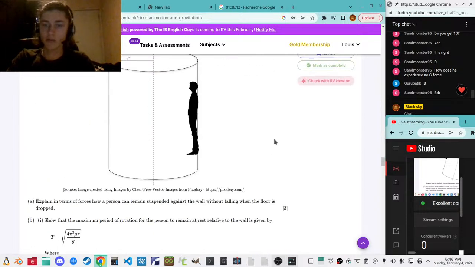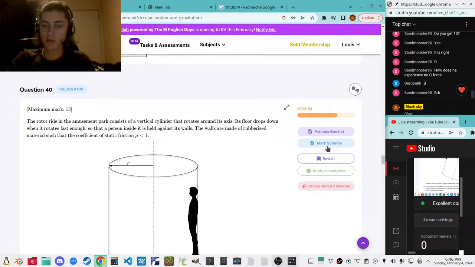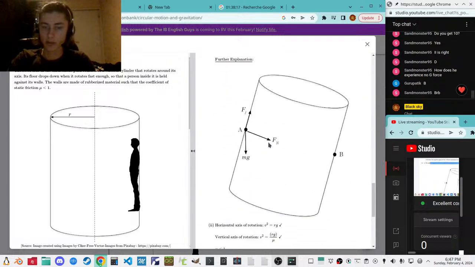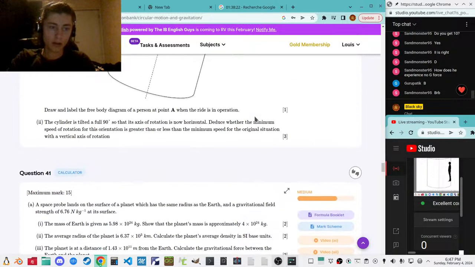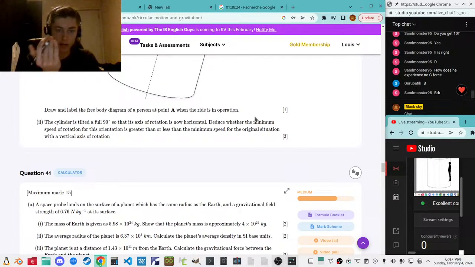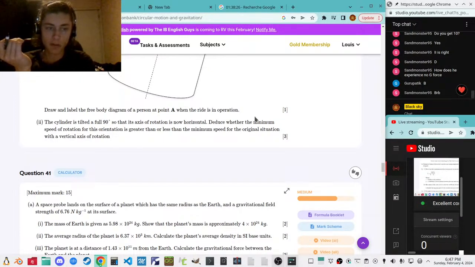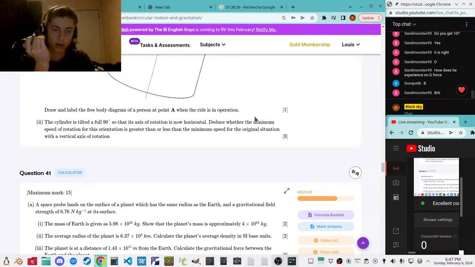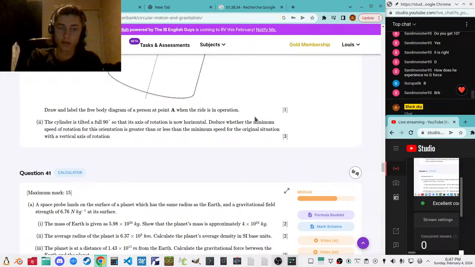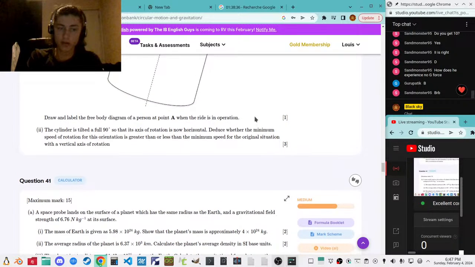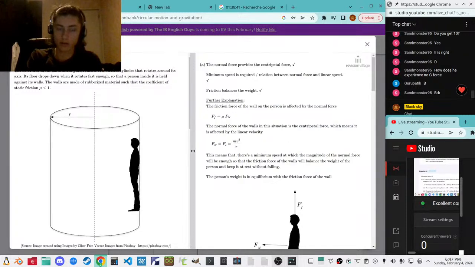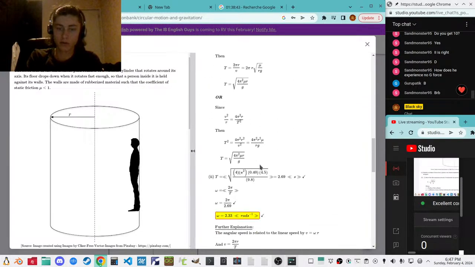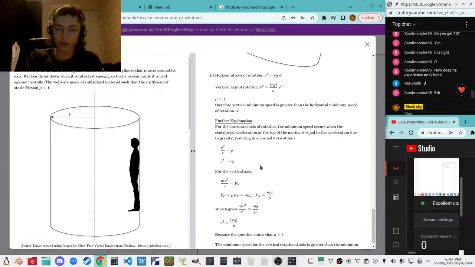Seems like a weird place to put it, and I feel like there wouldn't be something there. But let's see. Oh yeah, there is. The cylinder is tilted a full 90, so that its axis of rotation is horizontal. Deduce whether the minimum speed of rotation is greater or less. The minimum speed of rotation should be greater. Or maybe not. To be honest, I don't know.